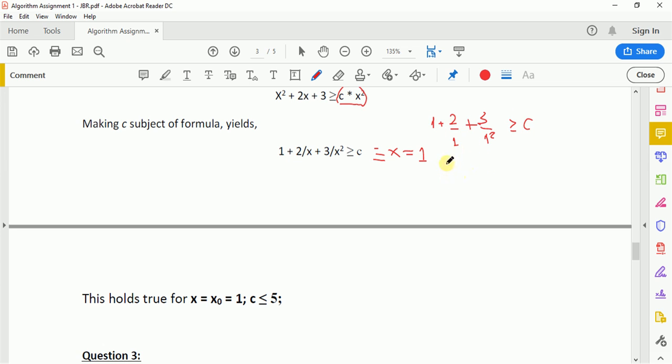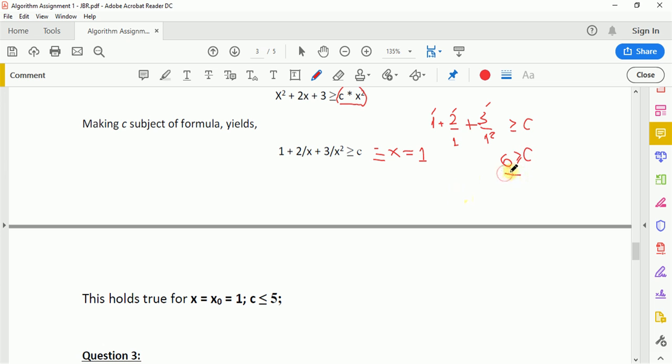What is this? 1 plus 2 is what? 3. Plus 3 is what? 6. Okay? 6 is greater than or equal to c, right?